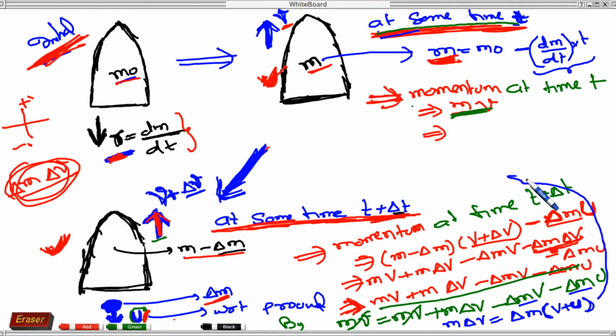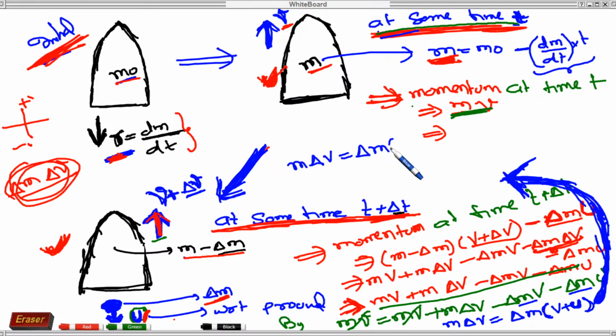So what it will become: m delta v is equal to delta m (v plus u).